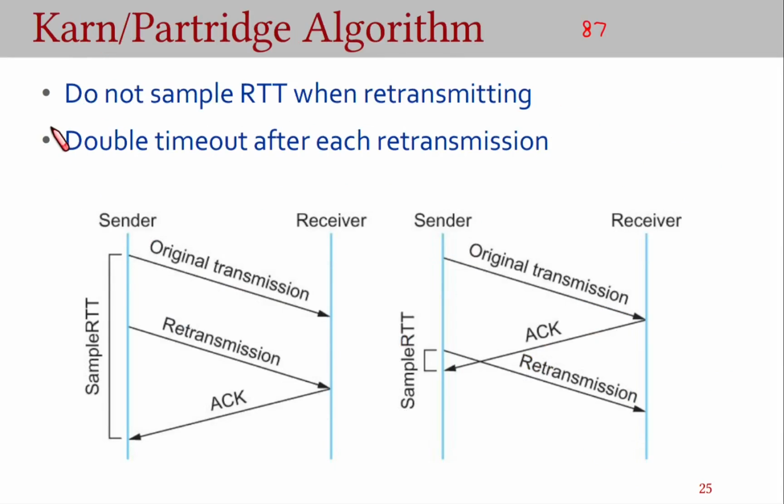And the second part says that we double the timeout after each retransmission. So again, instead of calculating the round trip time and estimated round trip time and then timeout as twice the estimated round trip time, we simply double the timeout after each retransmission. Something that should remind you of our discussion of Ethernet. This is essentially exponential backoff that we saw at that time.